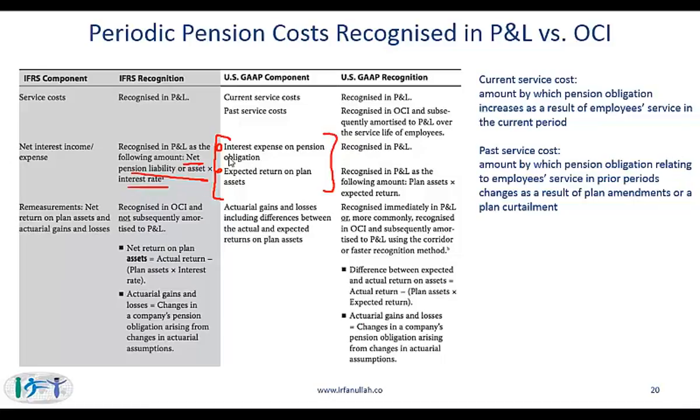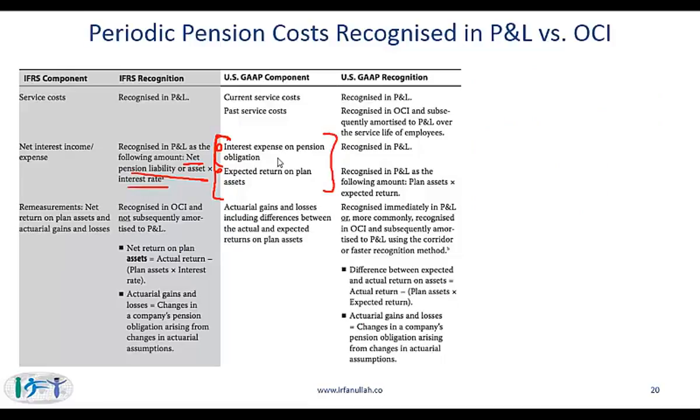Here this is broken into two parts. There is the interest expense on pension obligation. Where is this coming from? This is taking the actual value of the pension obligation, not the net value, and multiplying by the discount rate or the interest rate. And then you separately take the expected return on plan assets.